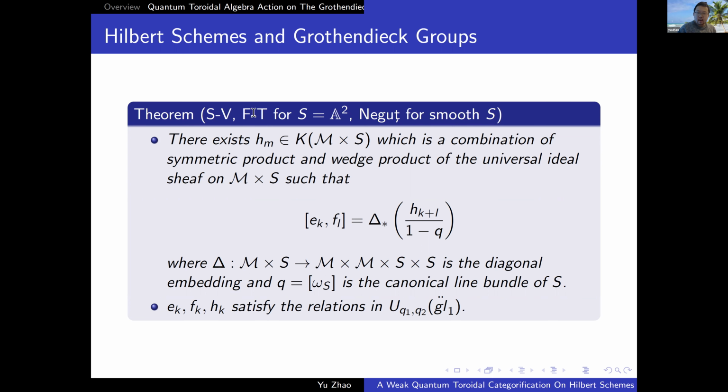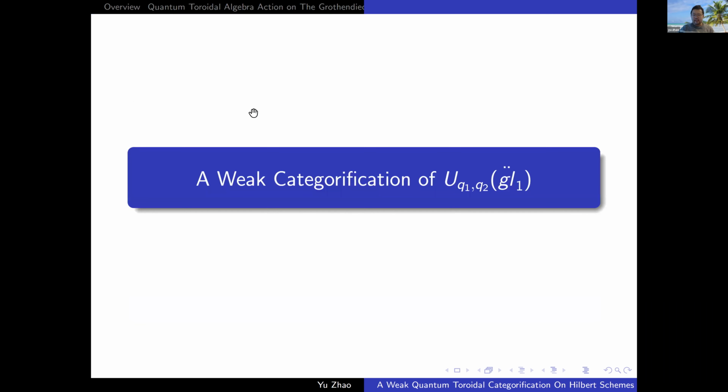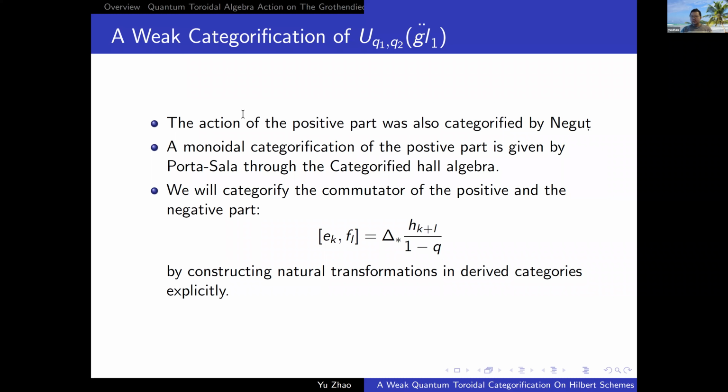Okay, so let's talk about our topic today. We will talk about a weak categorification of the quantum toroidal algebra. So what do we mean by weak categorification? As I have said, for the quantum toroidal algebra there are several parts of the relations, and the positive part of this algebra was already categorified in a big sense by Negut in his paper several years ago.